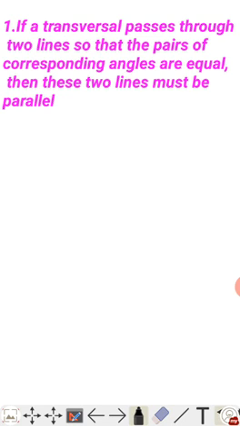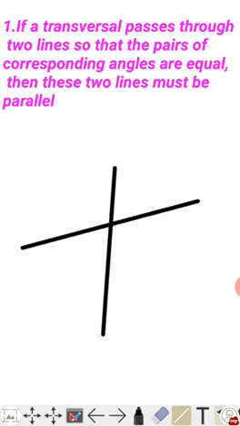Now, if a transversal passes through two lines so that the pairs of corresponding angles are equal, then these two lines must be parallel. Now we will see this through the given example. I will draw one transversal here.